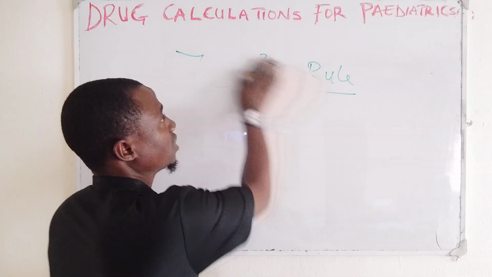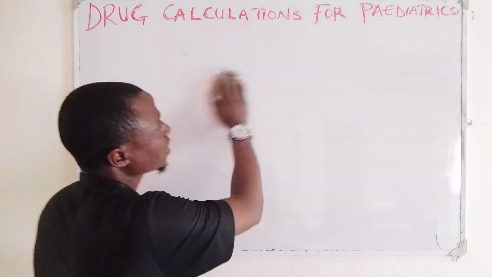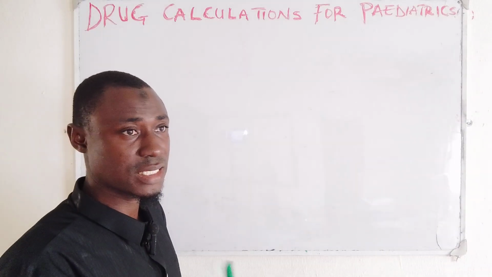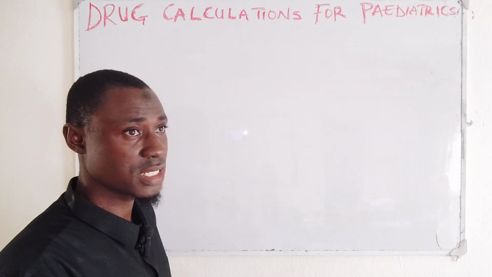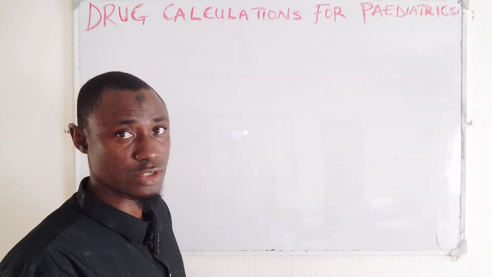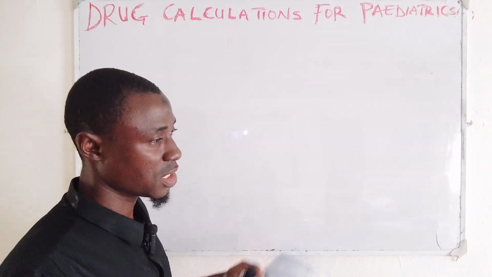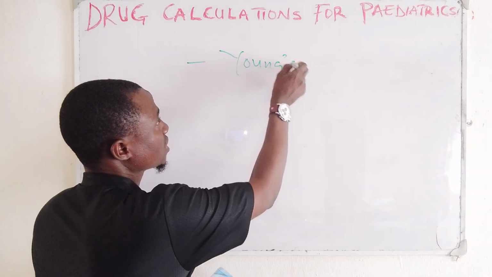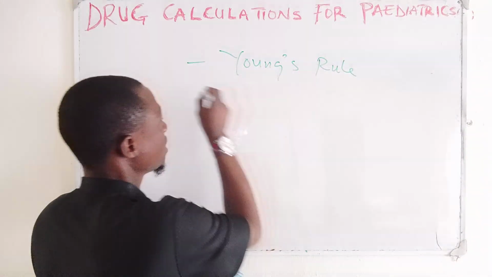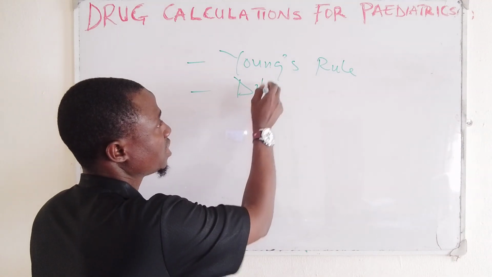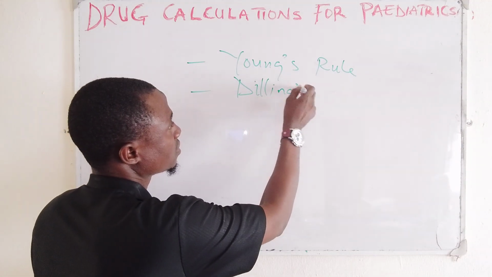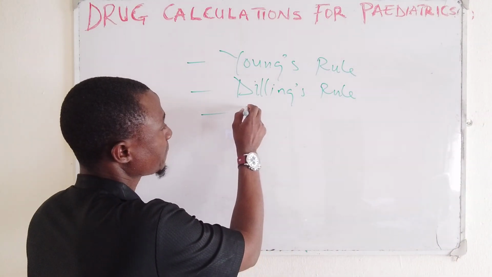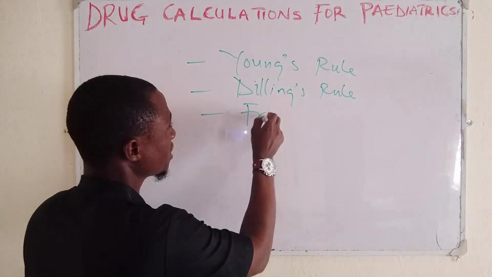If you can remember, for those who have watched it, we made mention that the age-based rules are three out of the 6 rules that we are going to be considering in this video. The first age-based rule is the Young's rule. Then the second one is the Dilling's rule. Then the third rule is the Friedman's rule.